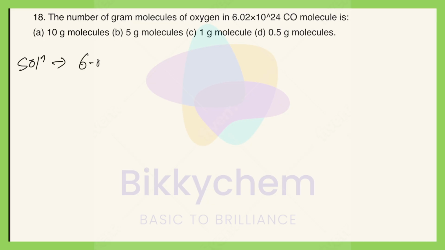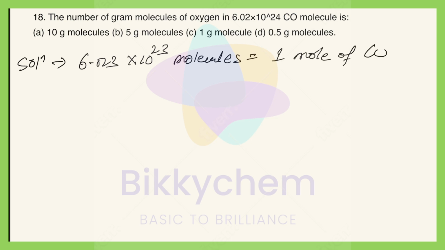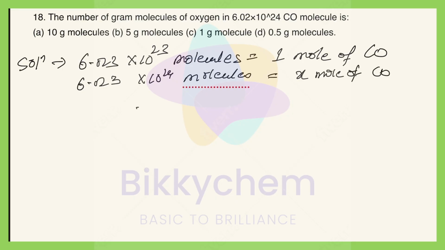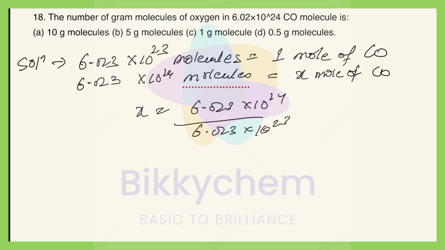We know that 6.023 into 10 to the power 23 molecules means 1 mole of CO. Similarly, for the value given here, 10 to the power 24 molecules, let there be X moles of CO. So X will be 6.023 into 10 to the power 24 divided by 6.023 into 10 to the power 23.